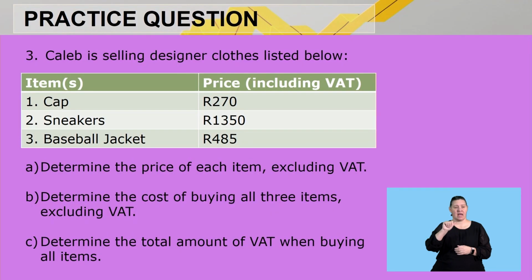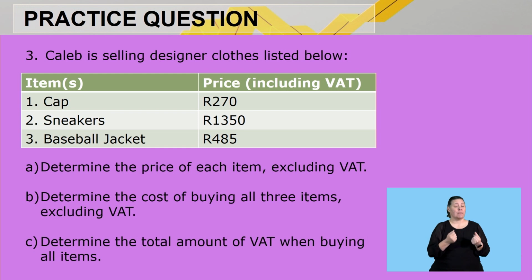There we are. Right, moving along, let us look at the next question. Now we have Caleb selling designer clothes, listed below. We have 3 items sold by Caleb. Firstly, we look at the financial document, or what we are given in the context.